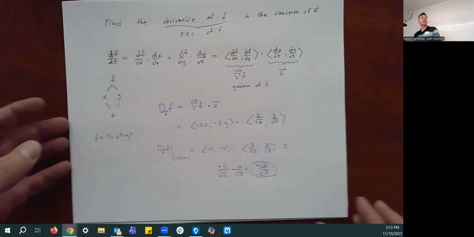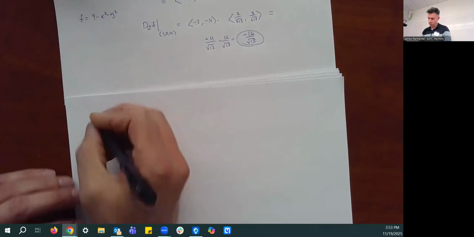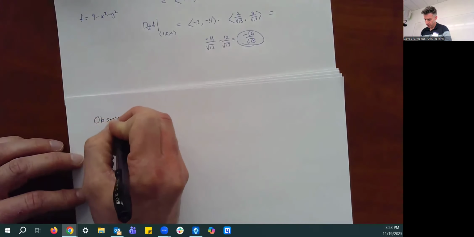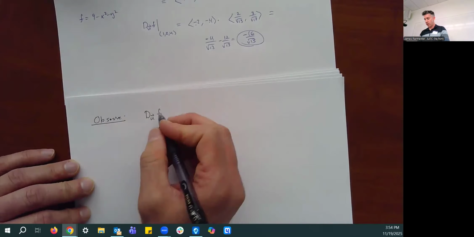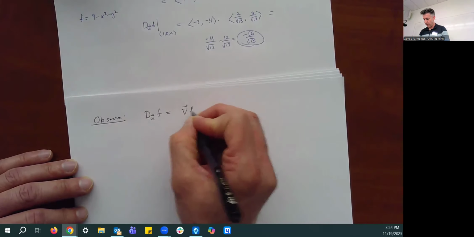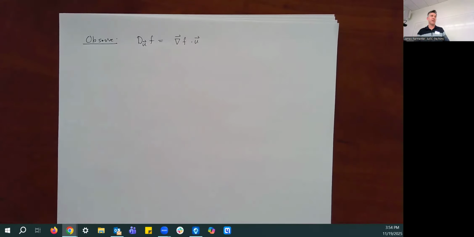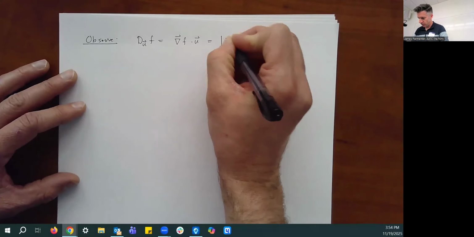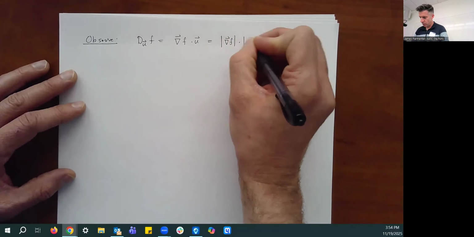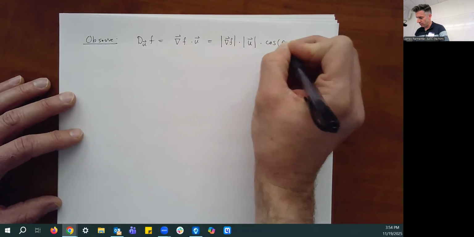So there's some really interesting things that come about because of this. Observe that if your directional derivative in the direction of u of the function f is equal to the gradient of f dotted with u, well, you can also calculate this the other way we calculate the dot product, which is that it's equal to the magnitude of your gradient vector times the magnitude of your unit vector, which I think you all know what that is, times cosine of the angle between them.